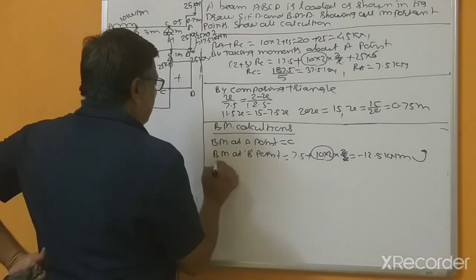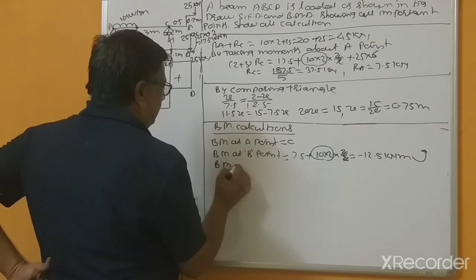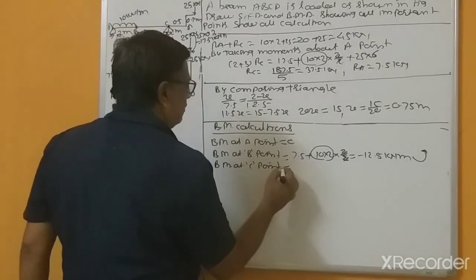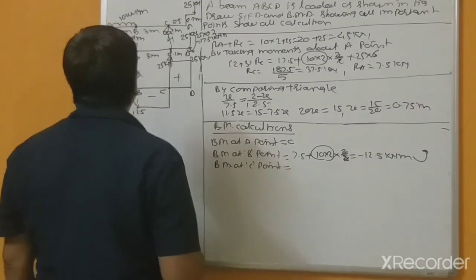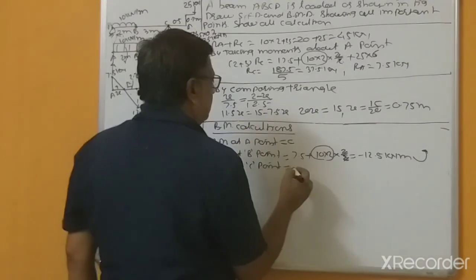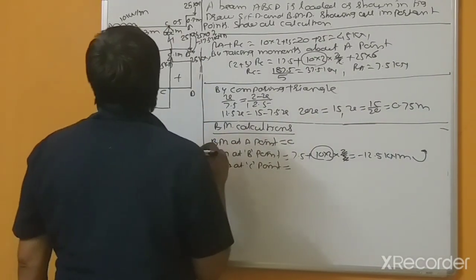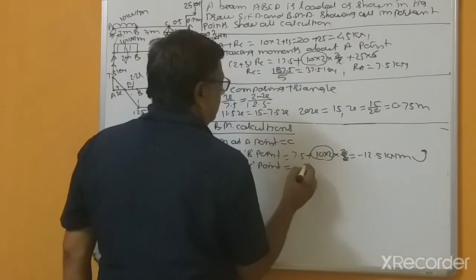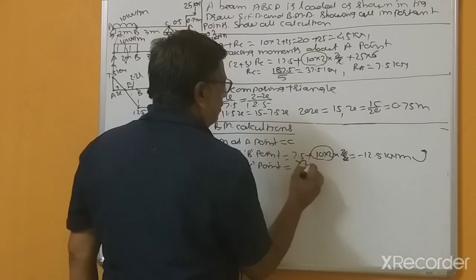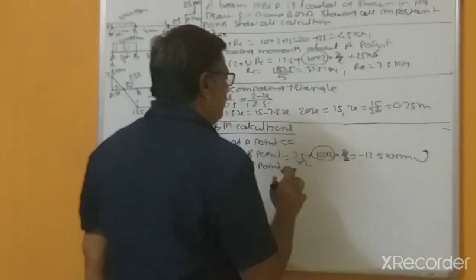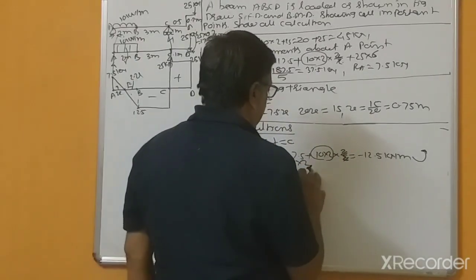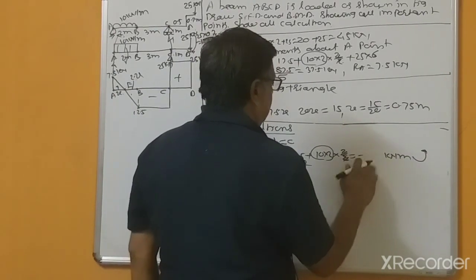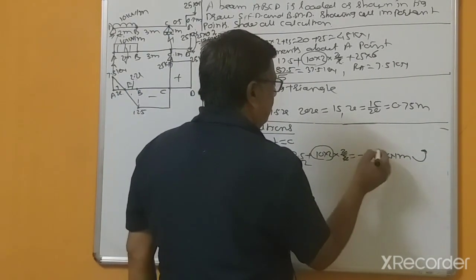Next, the bending moment at the next point, the C point. At C point, here the distance increases, this is 7.5 into 2, 7.5 into 2, this is 15 minus 5.